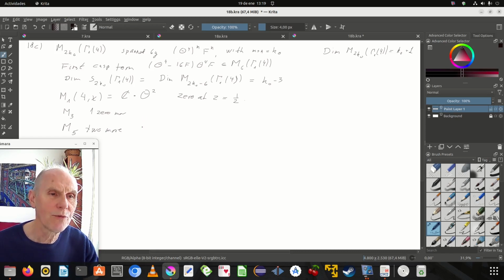And the one at infinity is f, and 1/2, that was phi squared. So it's theta to the 4th minus 16f times theta squared.